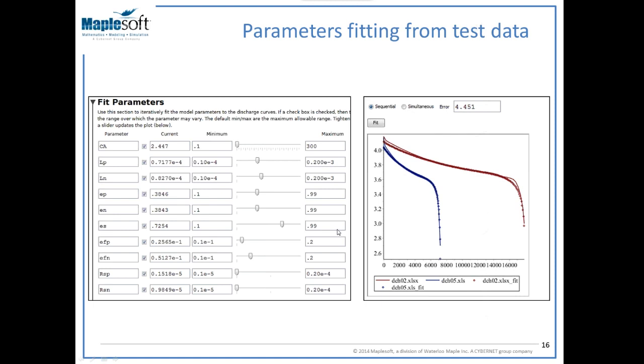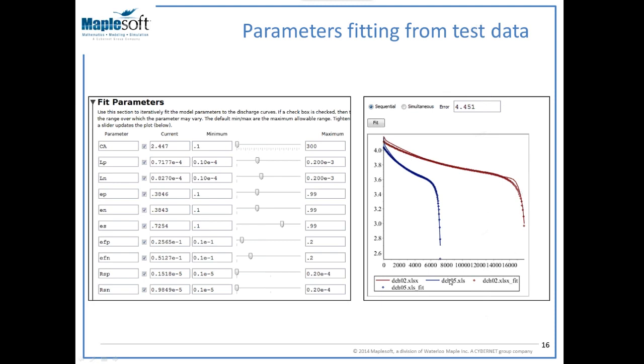The parameters identification tool is also part of the battery component library in MapleSim. So if you have the test data for the battery, you can bring it into MapleSim and then use the parameters identification tool to identify the parameters of the battery model based on the experiment data that you have.